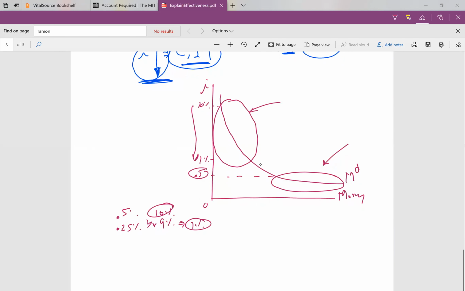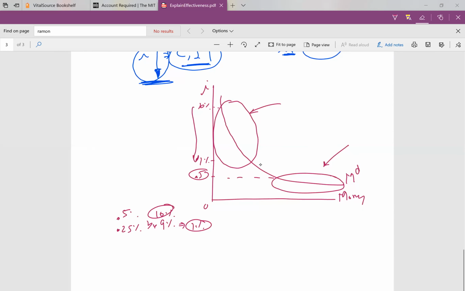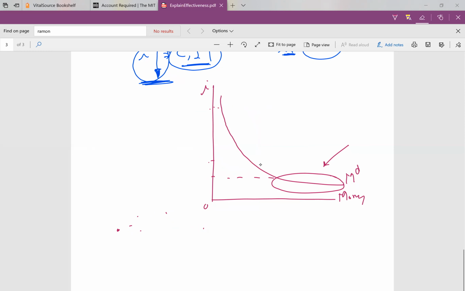So now let's take the money supply and see what happens when the money supply increases and we are at different portions of this money demand. So I'm going to add my money supply here.